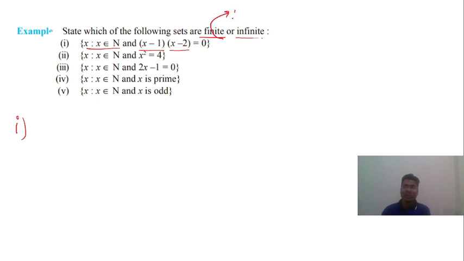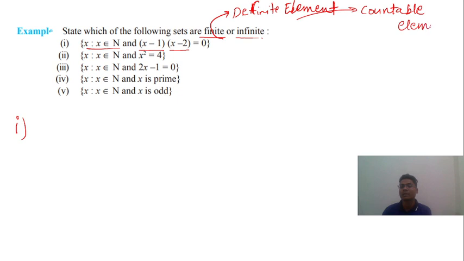If a set has definite elements, meaning we can count the number of elements present in it, then it is a finite set. What is an infinite set? One with a very large number of elements, or elements that are not countable.